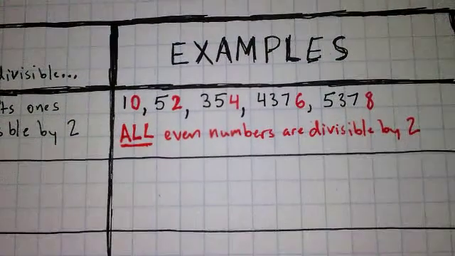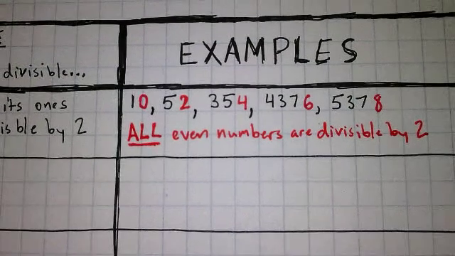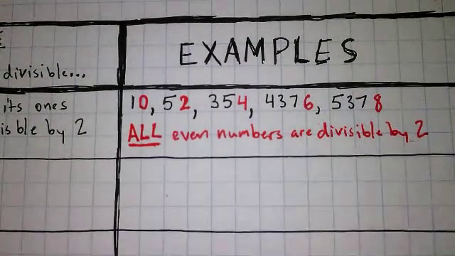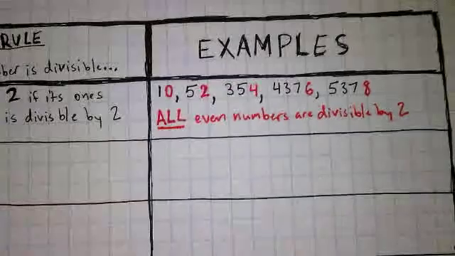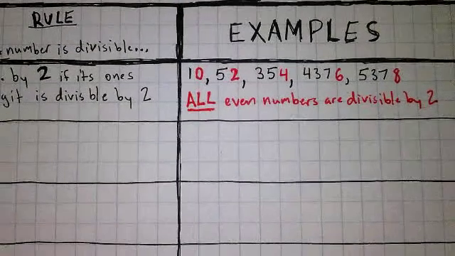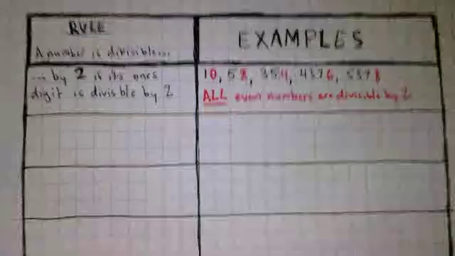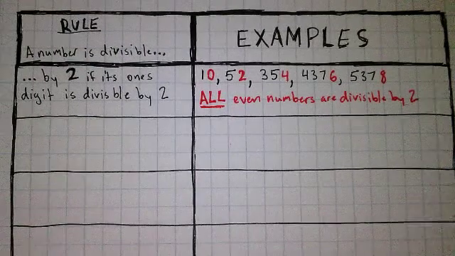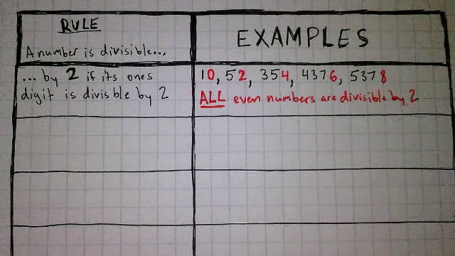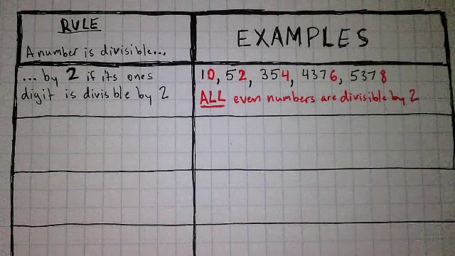Okay, all even numbers are divisible by 2. So if you have an even number, if it ends in an even number, and our even numbers, remind me, what are our even numbers? Hazel, what are the even numbers? 2, 4, 6, 8, and 0, right?